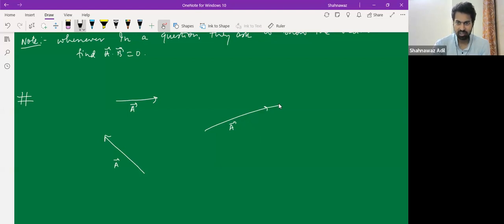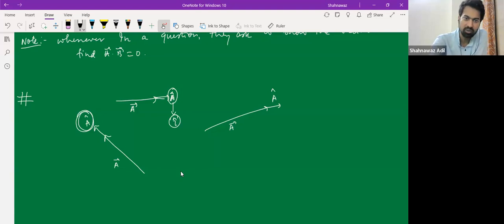So the direction would be, for this, this would also be E hat. So this represents the direction, right? For this, E hat. But if this is in the x-axis, then this A hat becomes I hat. Right, guys?